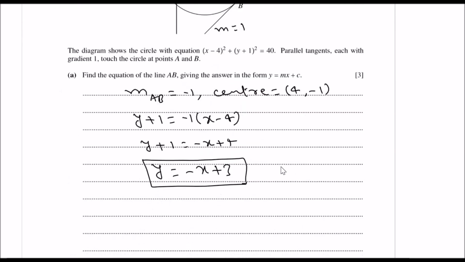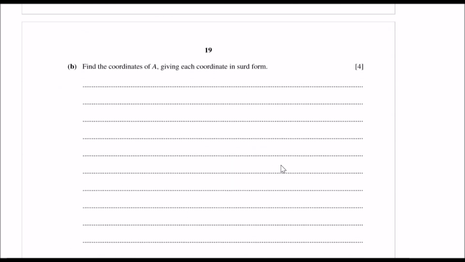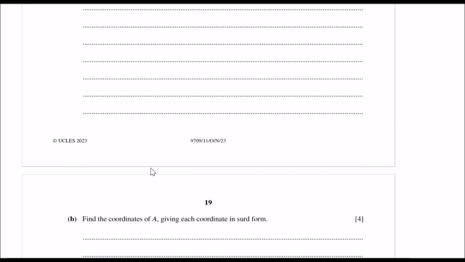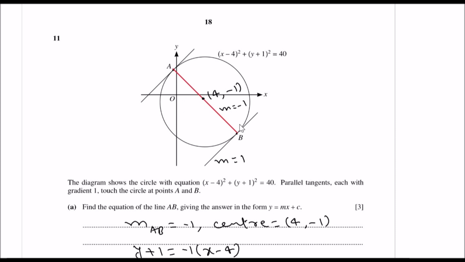Okay, now let's go to the next part. Find the coordinates of A, giving each coordinate in surd form. So the coordinate of A we have to find out. If you see the diagram, we have the equation of line AB, and AB intersects the circle at A and B. What does it mean?